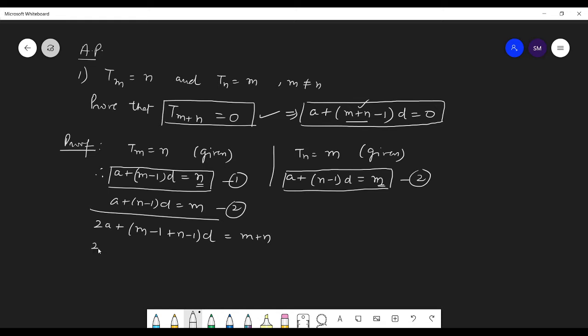So now 2a plus (m plus n minus 2) into d is equal to m plus n. Here we have m plus n, here also we have m plus n. So let us bring them together.